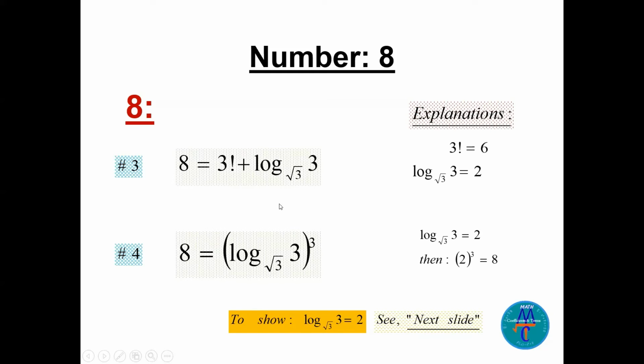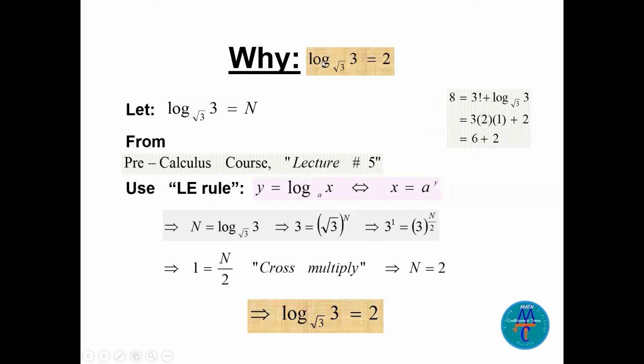Now on the next slide, I will explain why this is 2. So we have log base square root of 3 of 3 is equal to 2. Suppose we don't know the answer, so we say let log base square root of 3 of 3 be equal to n. It's a number here, okay? Let's call it n.